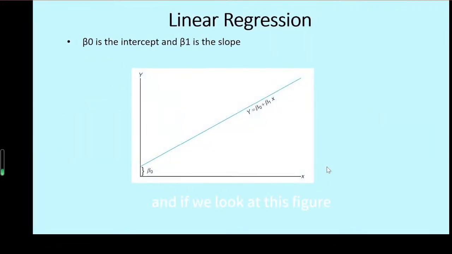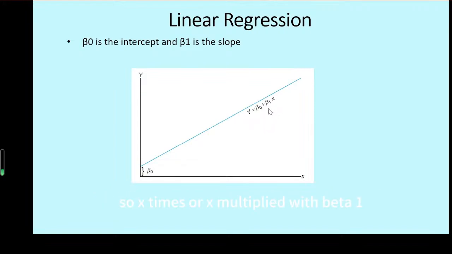If we look at this figure of simple linear regression, we can see a straight line because this is a linear equation. Why do we call it linear? Because beta 1 and beta 0 are only scalars. But x here can be x or x squared, no problem. So linear means the parameter is linear. If x is divided by beta 1, it's not linear in beta 1, right?